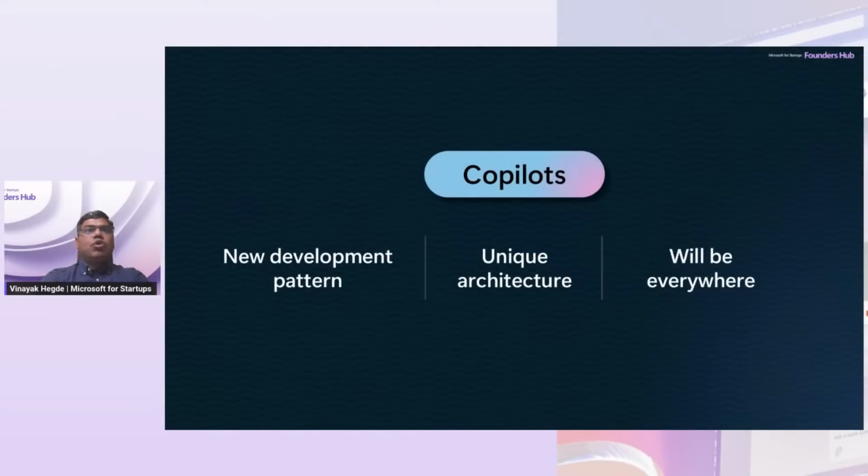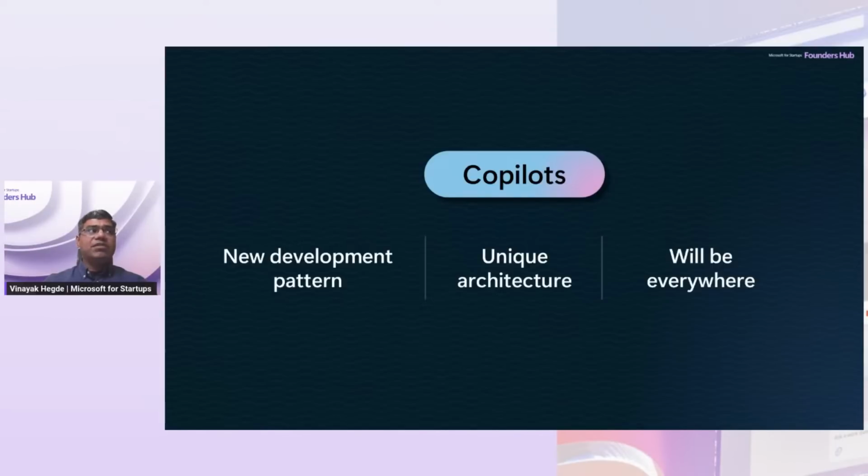Cool. So what is a copilot, right? If you were to zoom in a little bit now as we go deeper into this presentation, it's a new kind of development pattern, which is very different from what we have done before, right? Because earlier, if we did ABC, we would get D, but here, if you do ABC, sometimes you might get D, you might get E, sometimes you might get F, and every time you generate, you get different things.